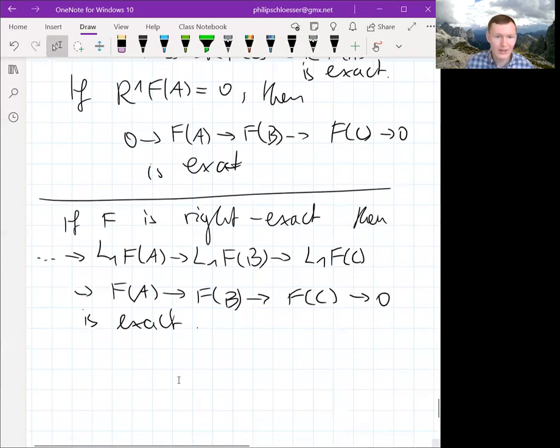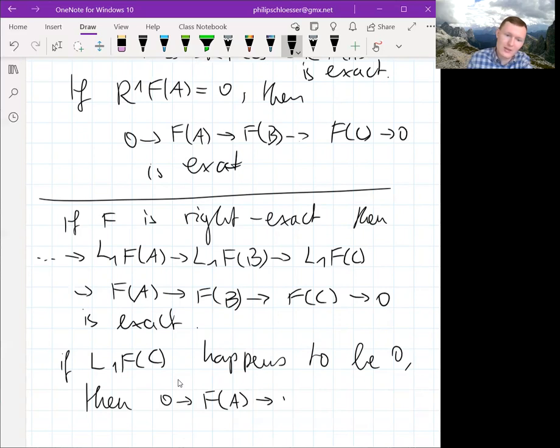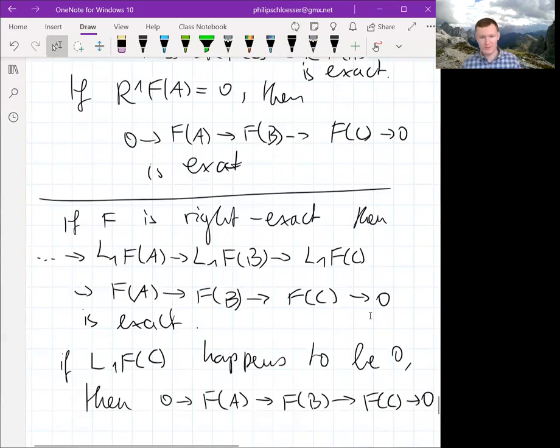So again, if L1FC happens to be 0, then for this particular choice of A, B, and C, we indeed have our short exact sequence that we wanted.